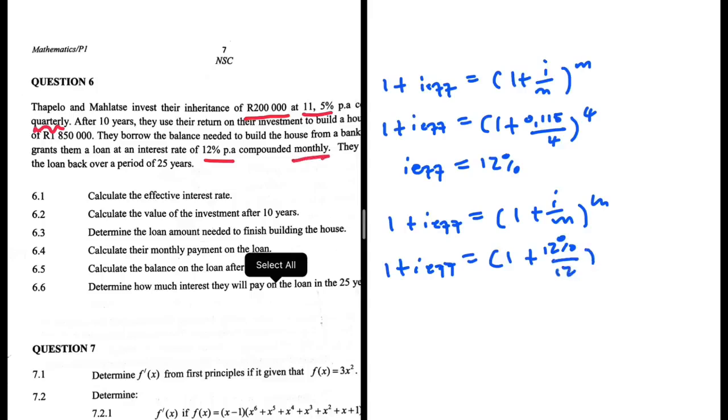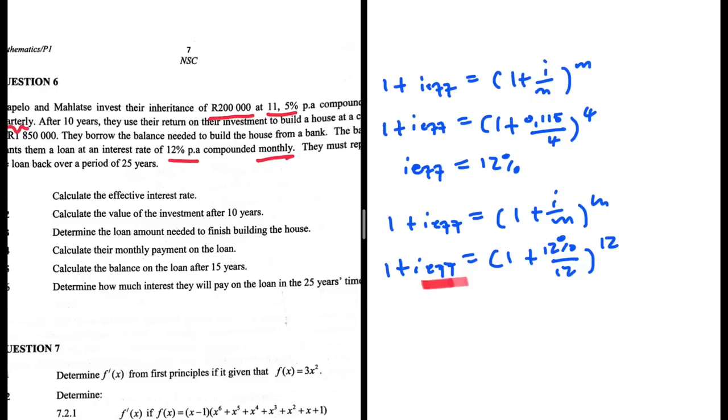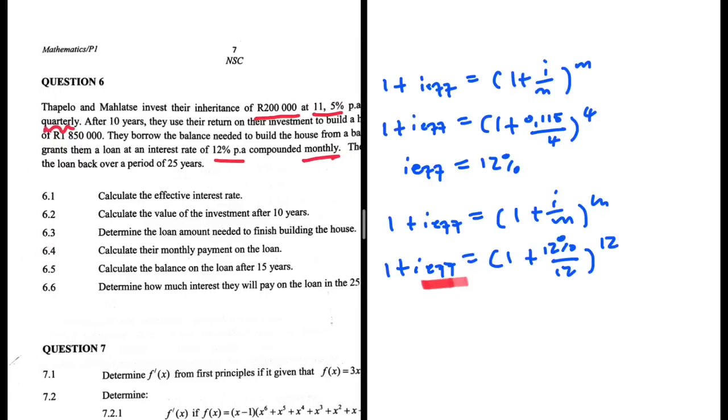In this case, it will be 12 because we have 12 months in a year. And then we go on to also calculate the effective interest. This question doesn't really specify what you're supposed to calculate the effective interest for. The best thing to do would be to just calculate it for both the investment, which is compounded quarterly, and the loan, which is compounded monthly. But anyway, there we go. We have our answer to 6.1.